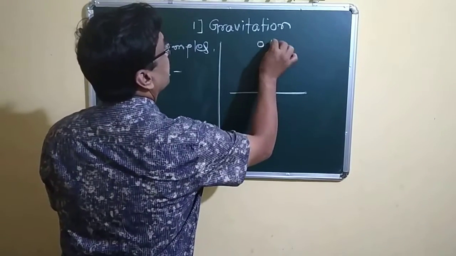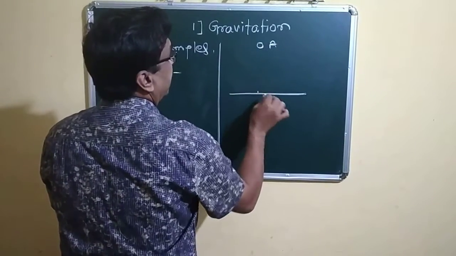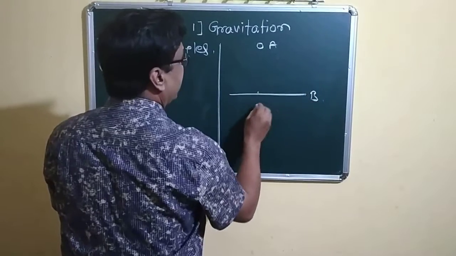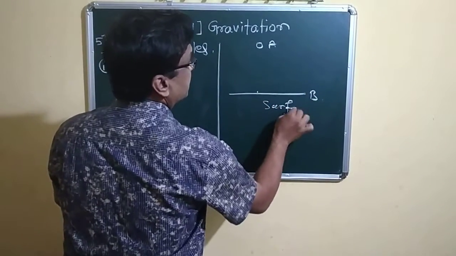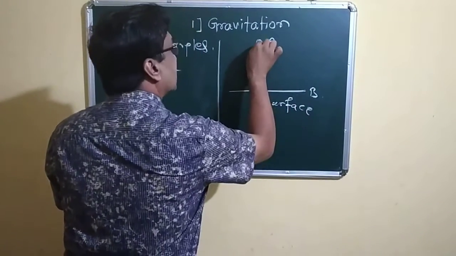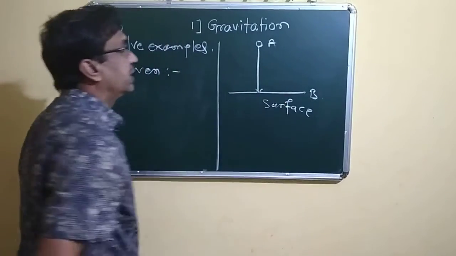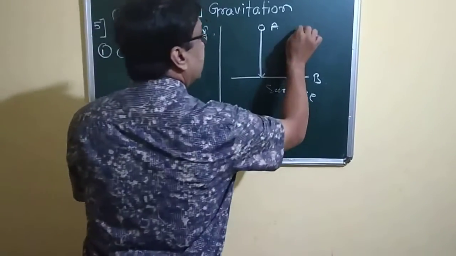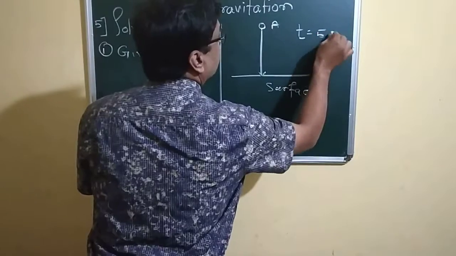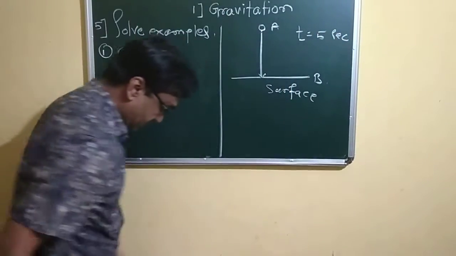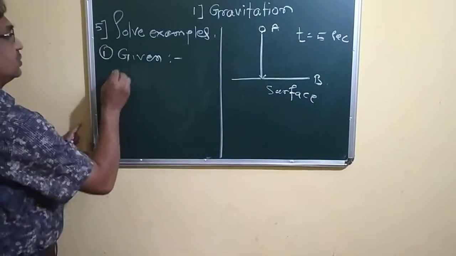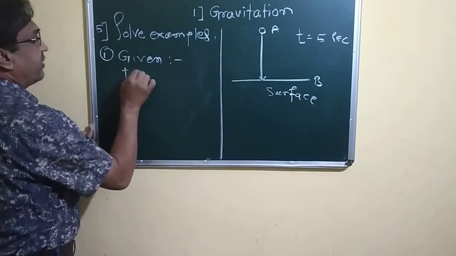Here A is the object and B is the surface. From A to B, the time is 5 seconds. So T is given as 5 seconds.